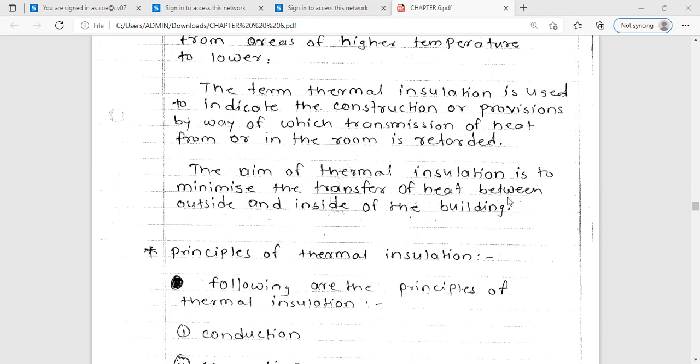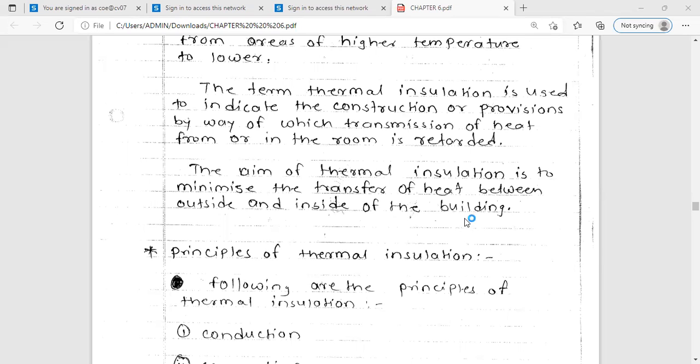The aim of thermal insulation is to minimize the transfer of heat between the outside and inside of the building. Generally, between the inside temperature and outside temperature of the building, a variation of more than 8 degrees Celsius should not be there. If it is more than that, then whenever we enter the room and a chilled environment is there, it will affect our body.